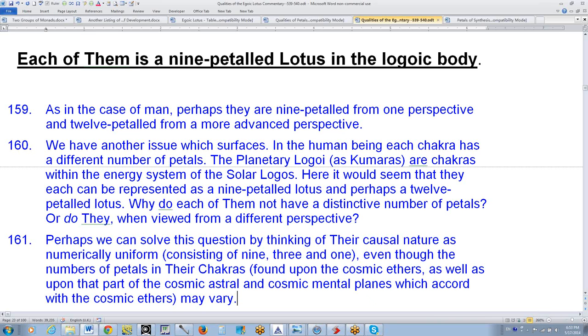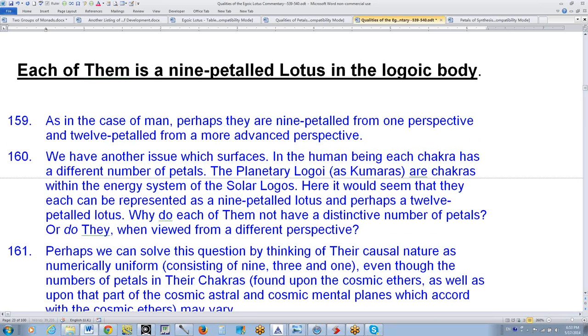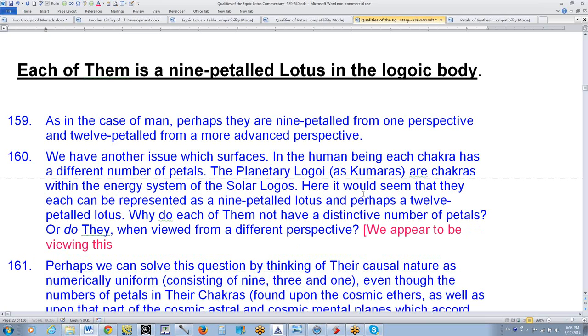And why do each of them not have a distinctive number of petals? Or do they, when viewed from a different perspective, which is not the causal perspective? You see, I think that's the thing. We appear to be viewing this from the causal perspective.